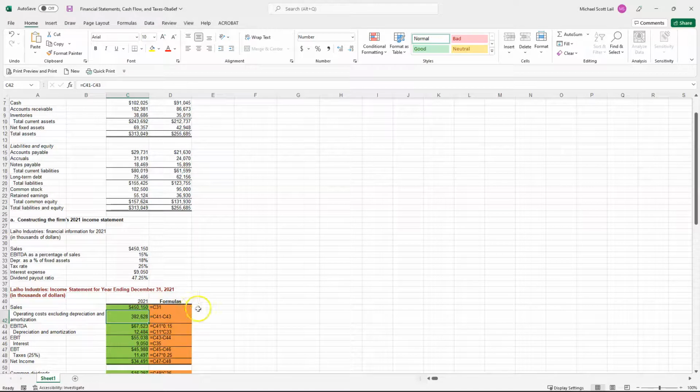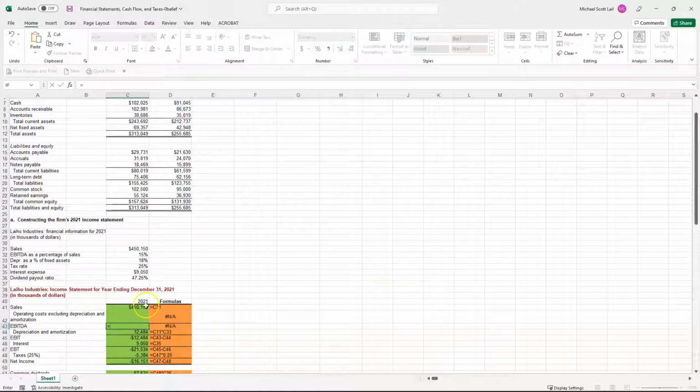The next thing that I know, and we'll delete that, is earnings before interest, tax, depreciation, and amortization as a percentage of sales. I don't necessarily know the next line, but I know the third line. So that's going to be equal to my sales multiplied by the 15%. Again, use cell references where we can.